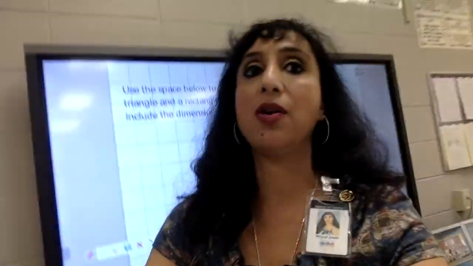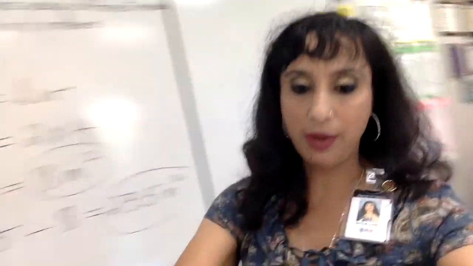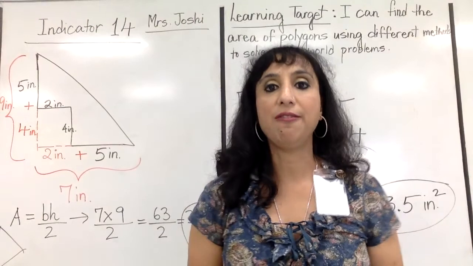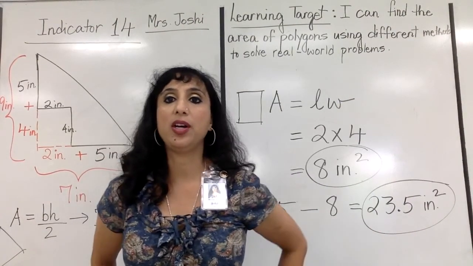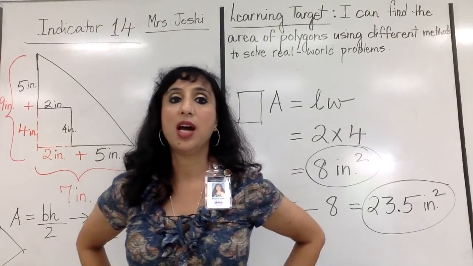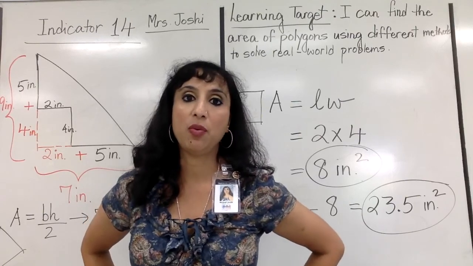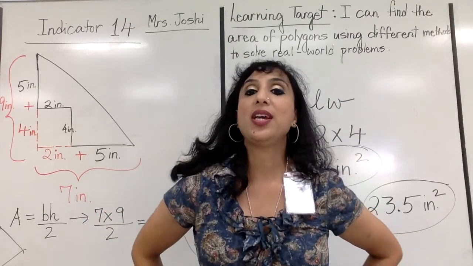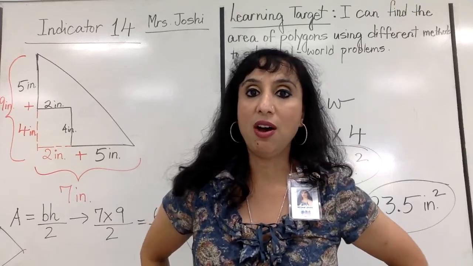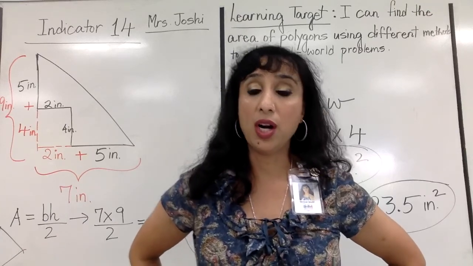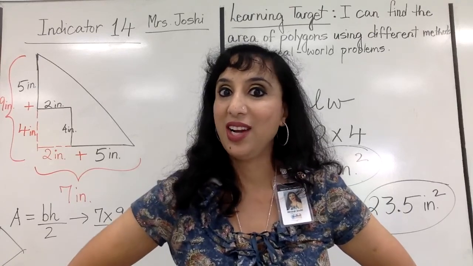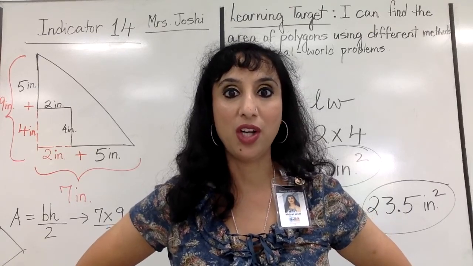So that's about the stuff that you'll be doing in this lesson, and that's why we were saying that the learning target is, I can find the area of polygons using different methods to solve real world problems. Remember, once again, a composite figure is a shape which is a combination of 2 or more two-dimensional shapes, and you already know how to calculate the area of each shape.